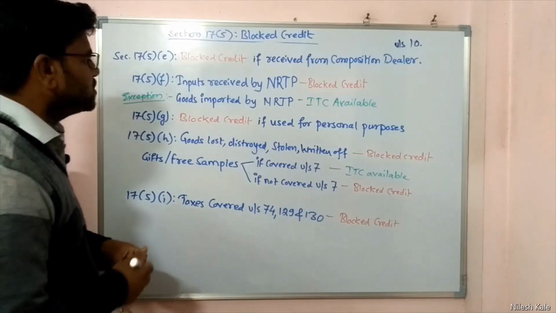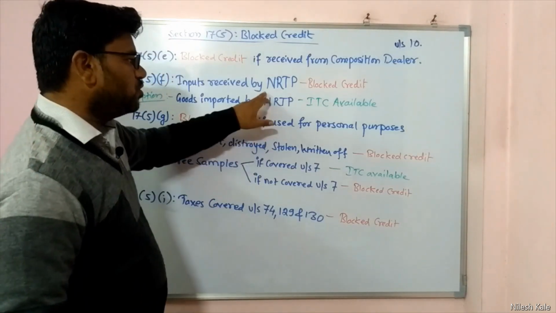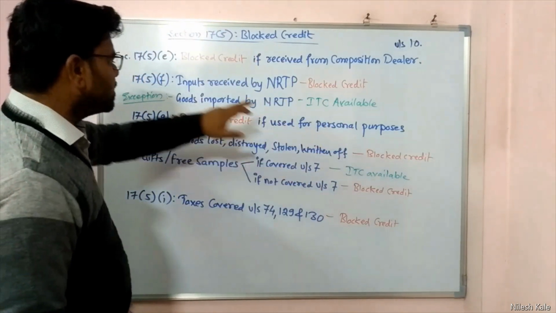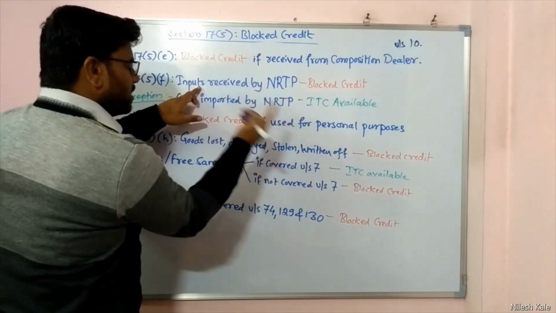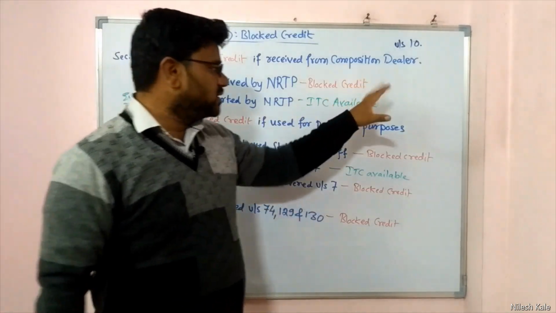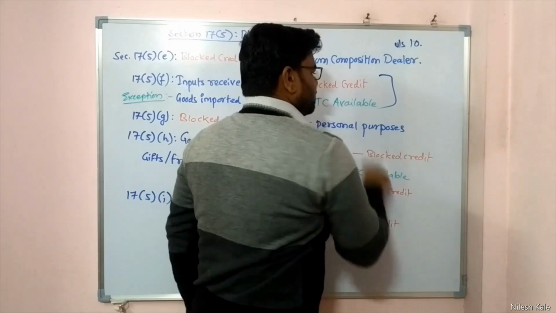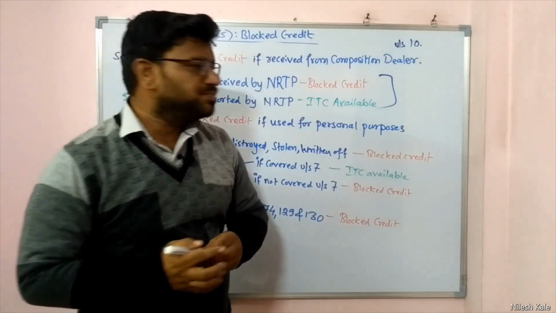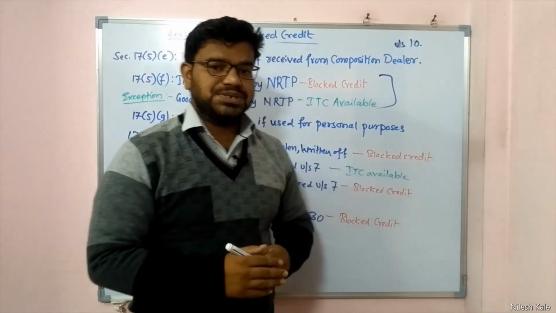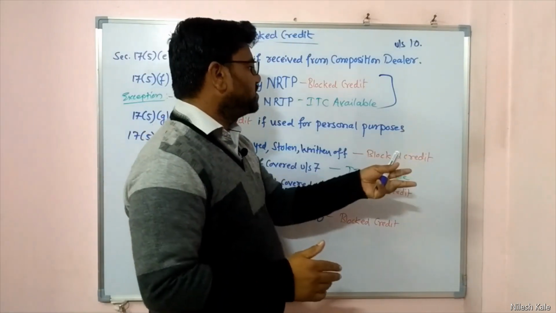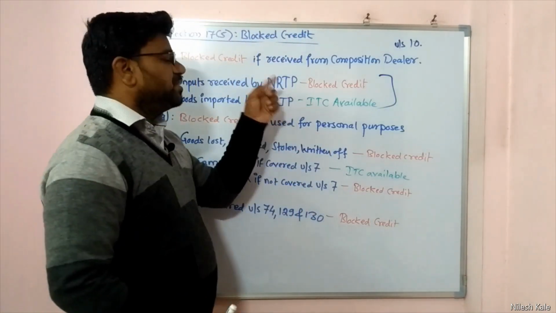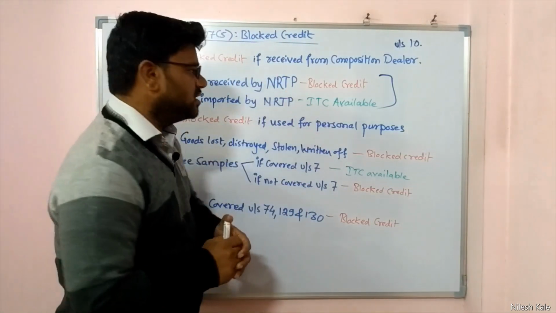Clause F says inputs received by NRTP, that is non-resident taxable person, are blocked credit. It is completely blocked credit if it is inputs received by NRTP. If goods are imported by NRTP, then ITC is available. What do you mean by this? I will give you an example. A foreigner comes to India and purchases goods in India for his business purpose, because he is doing business. Section 27 in the CGST Act speaks about NRTP registration and other clauses, right?